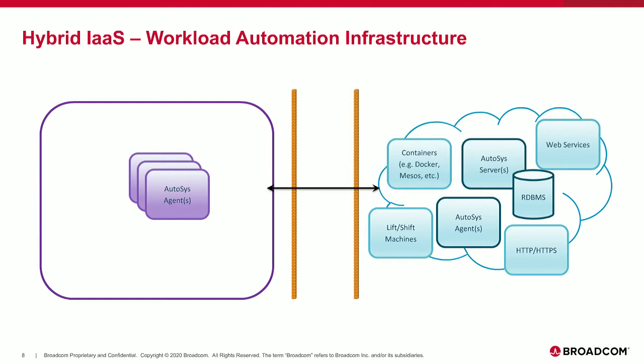And hybrid, it could be either way. It could be AutoSys on-prem or AutoSys in the cloud. But we see applications that continue to reside on-prem, as well as applications that are evolving, and new applications that are being developed in the cloud, and having AutoSys provide the ability to schedule both of those.